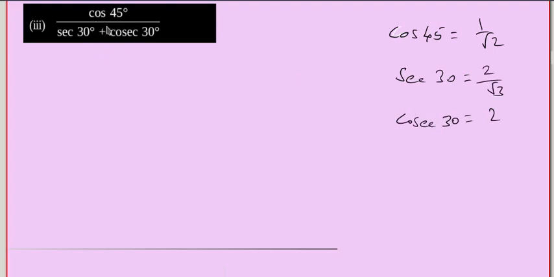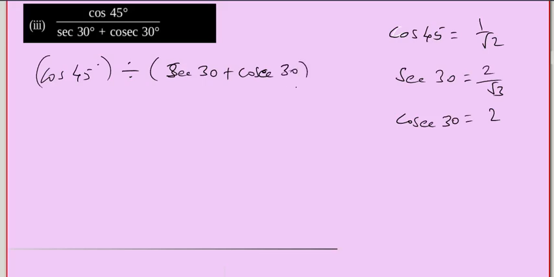Let me substitute here. So cos 45 divided by secant 30 plus cosecant 30. Okay. So this division we can write in this way also, no? Cos 45 degree divided by, okay, secant 30 plus cosecant 30. We can put division.